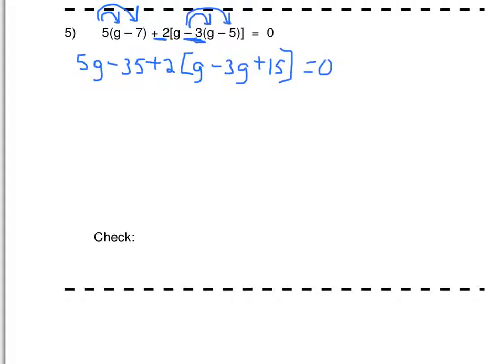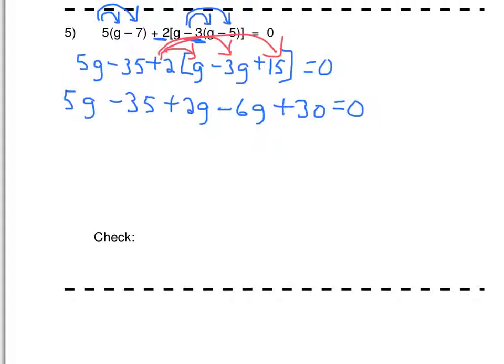Now I have to distribute again, so let's bring down 5g minus 35. Now distribute the 2. So 2 times g, that's plus 2g. And then 2 times a negative 3g gives me negative 6g. And then 2 times 15 gives me 30.